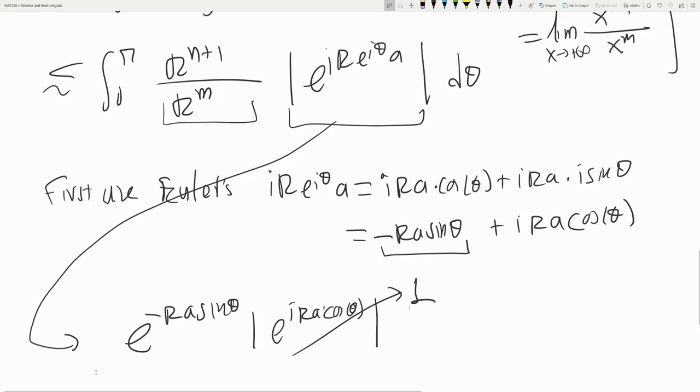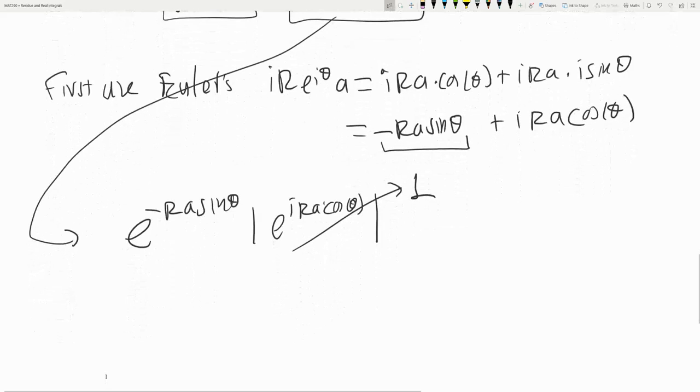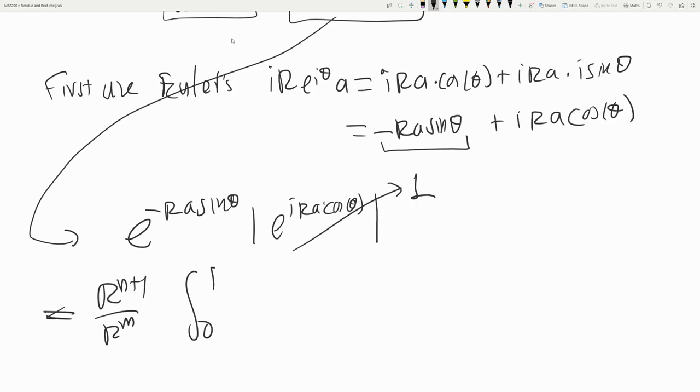So for all practical purposes, what we have here is R to the n plus 1 over R to the m, and then this integral with sine theta.